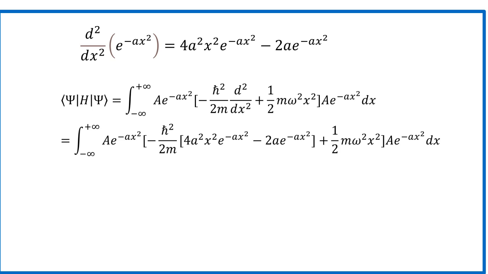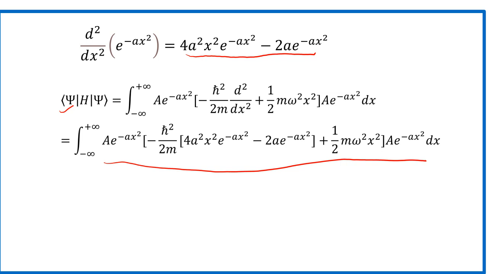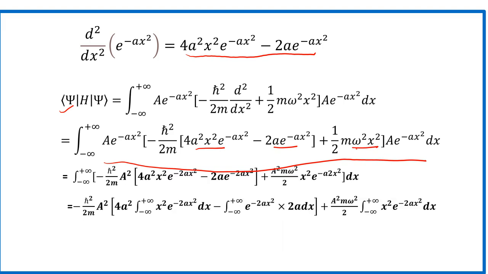After differentiation, you will get the value of this. Now putting it in the numerator, you will get this term. It has three terms: 1, 2 and 3.